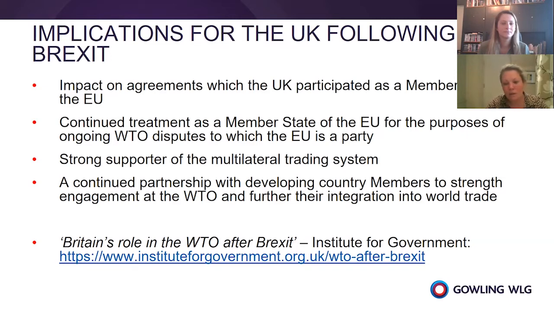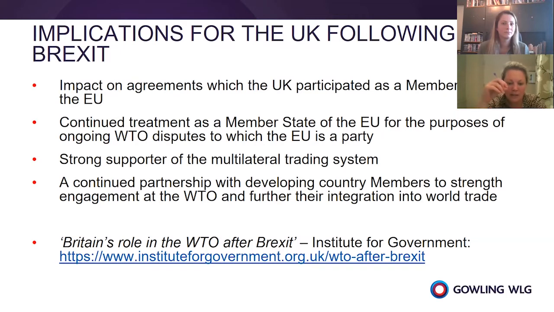The EU has always obviously been a strong proponent of a multilateral trading system, and we suspect that will continue, and for the UK to look at how it can have a positive influence on the development of the WTO as an institution and its policies as we enter 2021 and beyond.